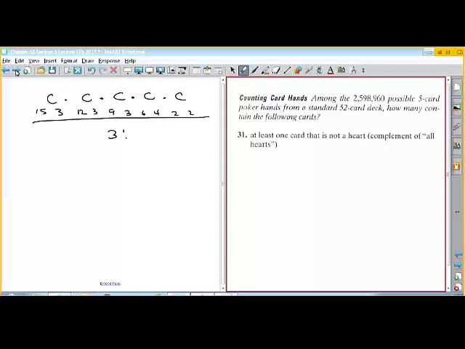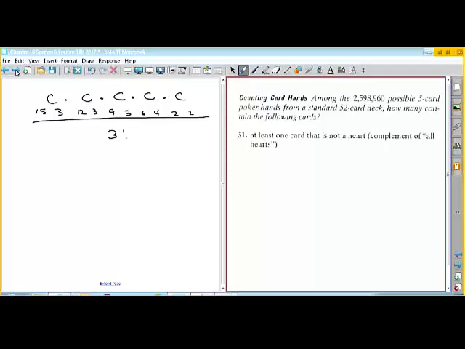Okay, back to the last section. So we'll finish this up fairly quickly. We're doing more card stuff. So it's saying, if we have the 52 card deck and we pick, okay, what it's asking for is how many of those 52 cards, if I choose one randomly, will have, in this case, at least one card that is not a heart.